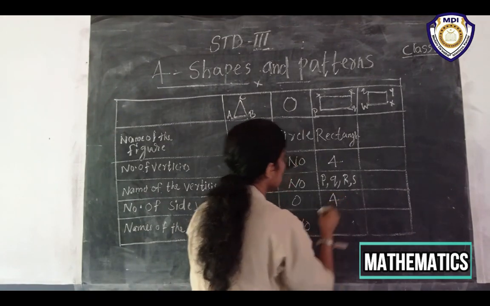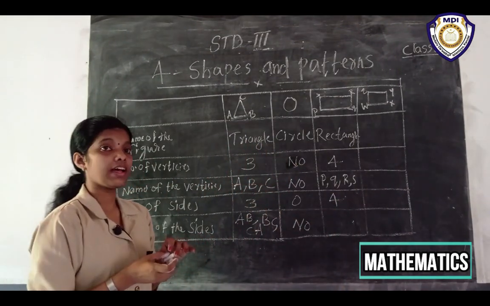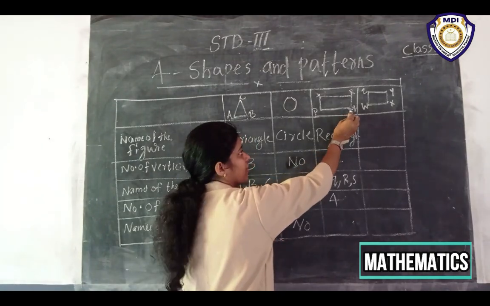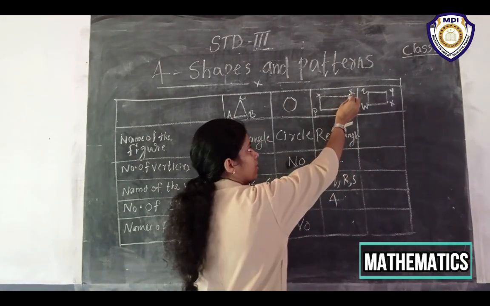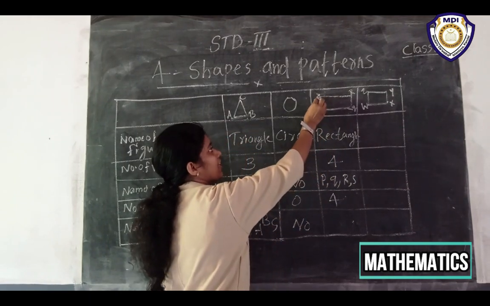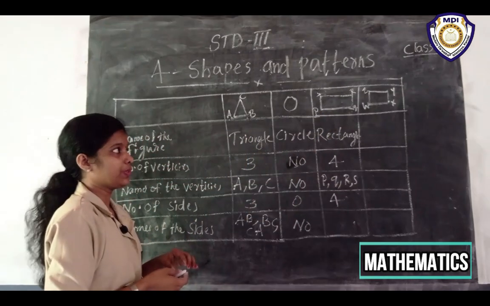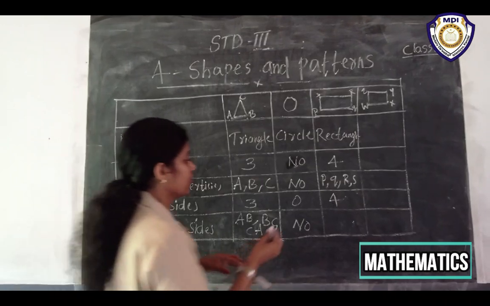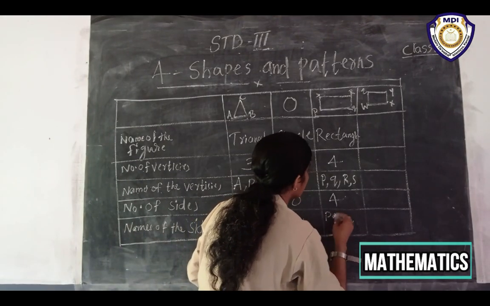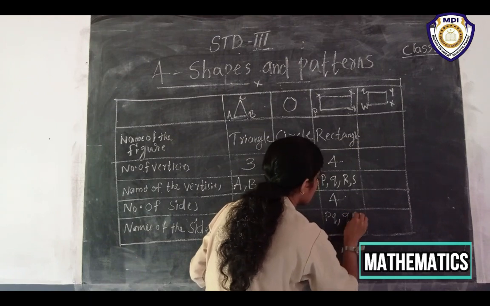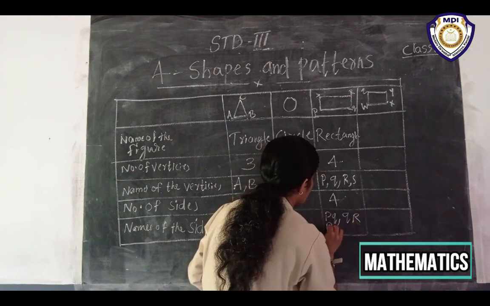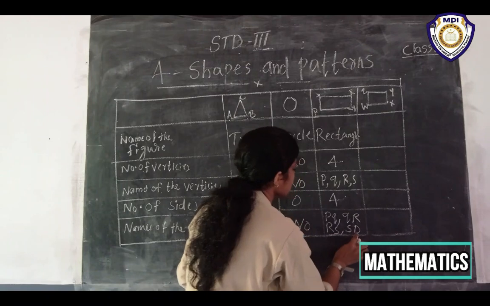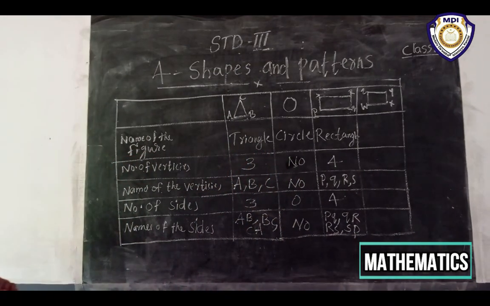Name of the sides: P, Q, Q, R, R, S, S, P. All of you write it.